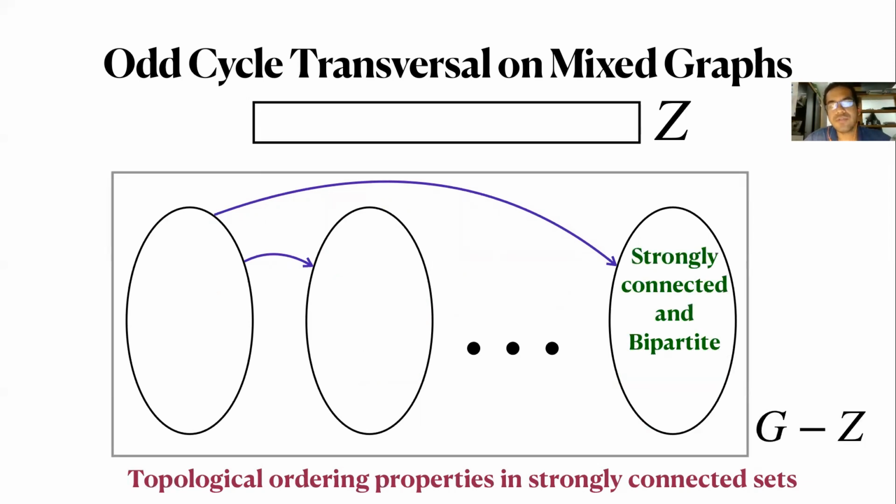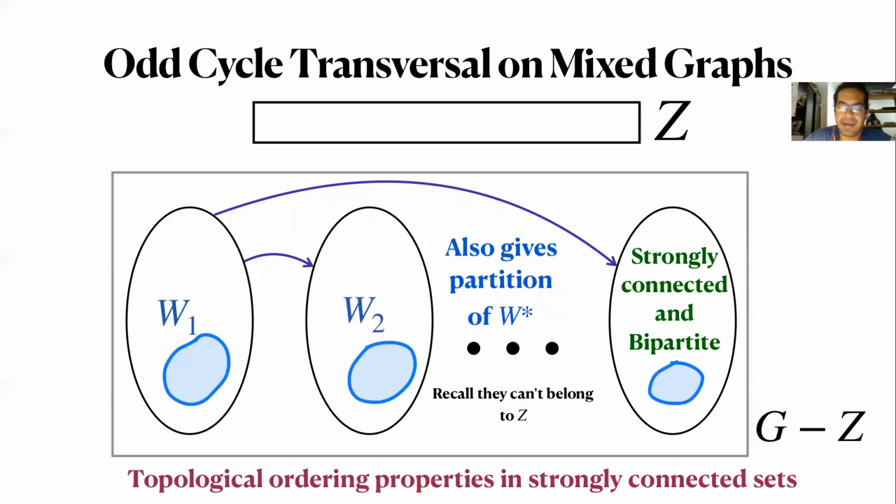So now we use this structure in our solution. Z can essentially be partitioned into the subsets of these components. So these components will partition Z into some W1, W2, up to whatever.